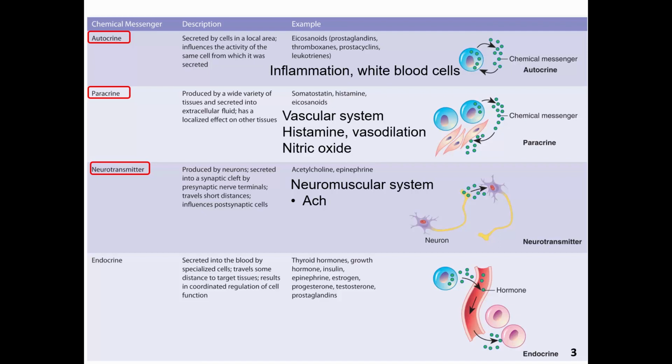And the vast majority of this unit will address the endocrine system, which refers to the production of various chemicals by cells that will get into the cardiovascular system and affect tissues distant from the cells that produced those secretions, which we typically refer to as hormones.